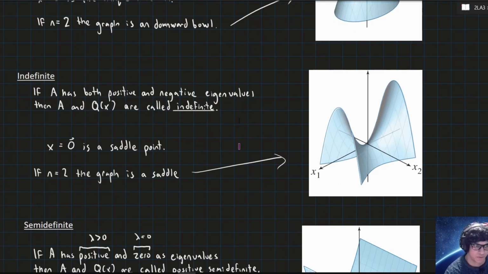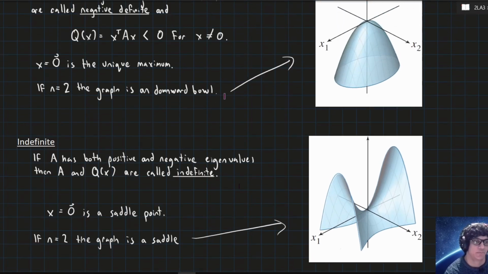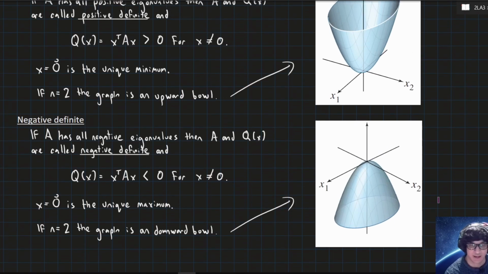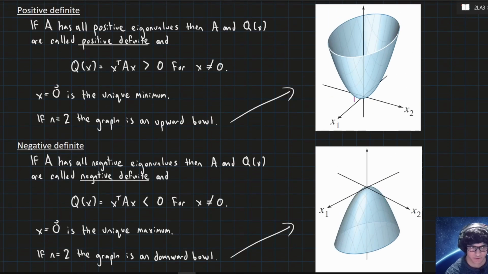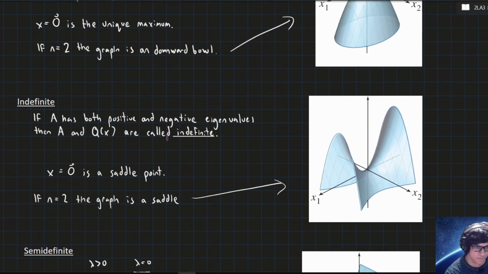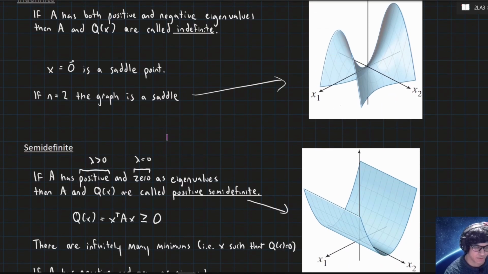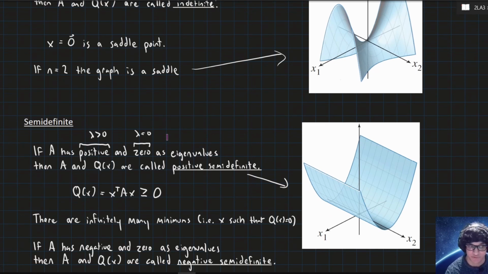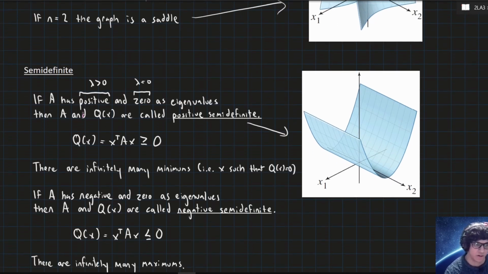So these 3 forms don't account for 0 being an eigenvalue. When I say positive, I mean strictly positive, greater than 0. Negative, I mean strictly negative, less than 0. We can get something called a semi-definite form, where we have positive eigenvalues and 0 as an eigenvalue.